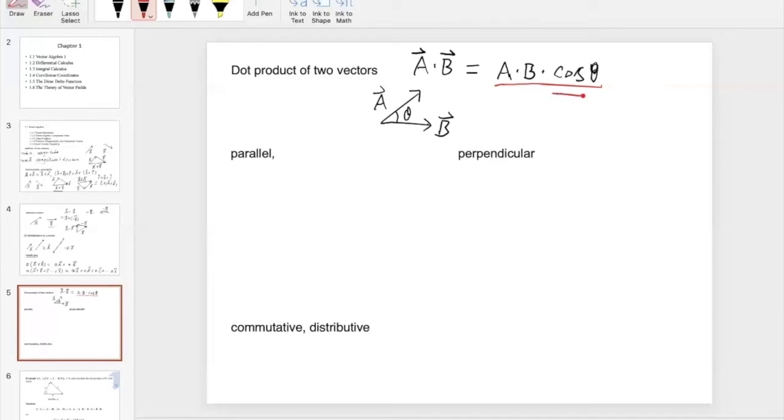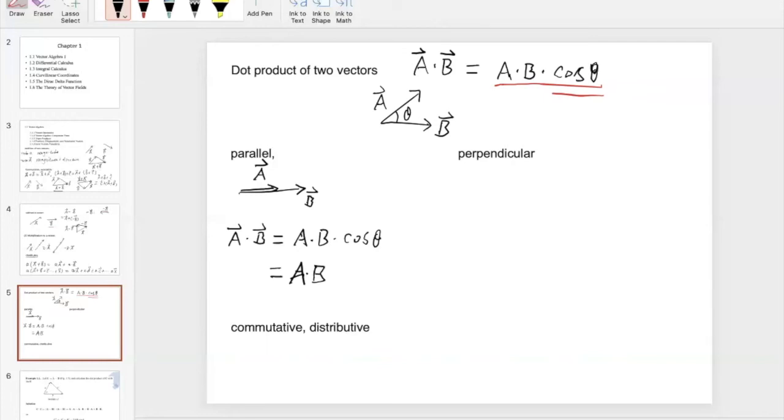Because of the cosine theta feature, if A and B are parallel, in the same direction, let's say this is A and this is B, then A dot product B equals the magnitude of A times the magnitude of B times cosine theta. Theta is 0 degrees because they're parallel. What's the value of cosine 0? It's 1. So finally, you will get A times B.